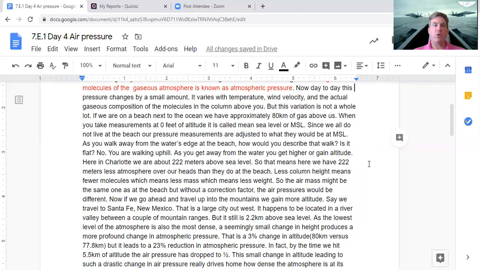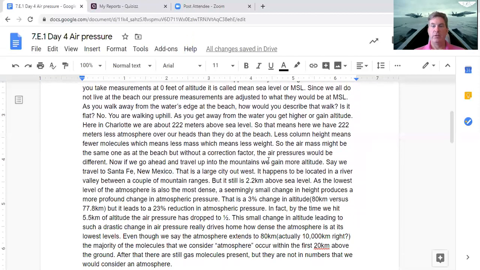As you walk away from the water's edge of the beach, how would you describe that walk? It's not flat, you're walking uphill. As you get away from the water, you gain altitude. Here in Charlotte, we're about 222 meters above sea level, so we have 222 meters less atmosphere over our heads than they do at the beach. Less column height means fewer molecules, which means less mass, which means less weight. The same air mass may be sitting over both us and the beach, and we'll talk about air mass a little later.